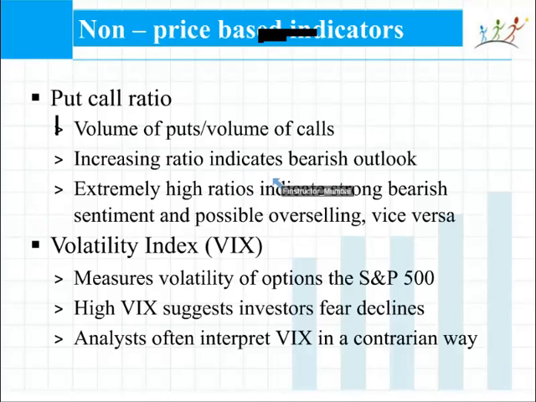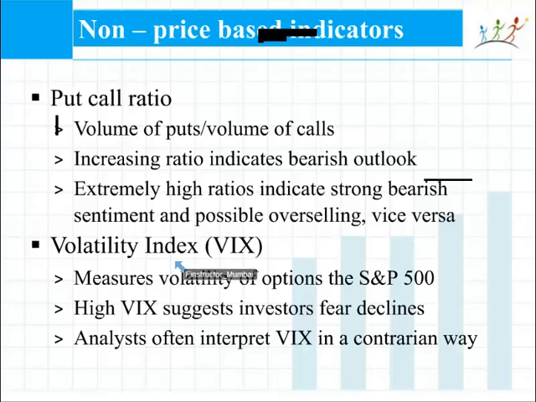How you will interpret this ratio is left to your interpretation and your understanding of the markets. So they can actually indicate bearish sentiment, or they can indicate overselling. If they indicate overselling, you should buy into the weakness. If they indicate a bearish sentiment, you can possibly sell into it, or you can continue the trend. Okay, so put call ratio is one non-price based indicator that is used.